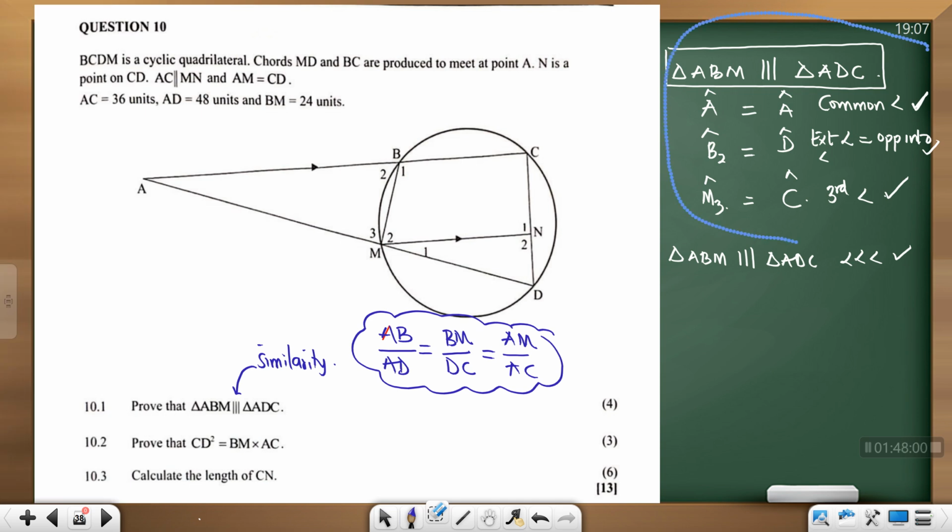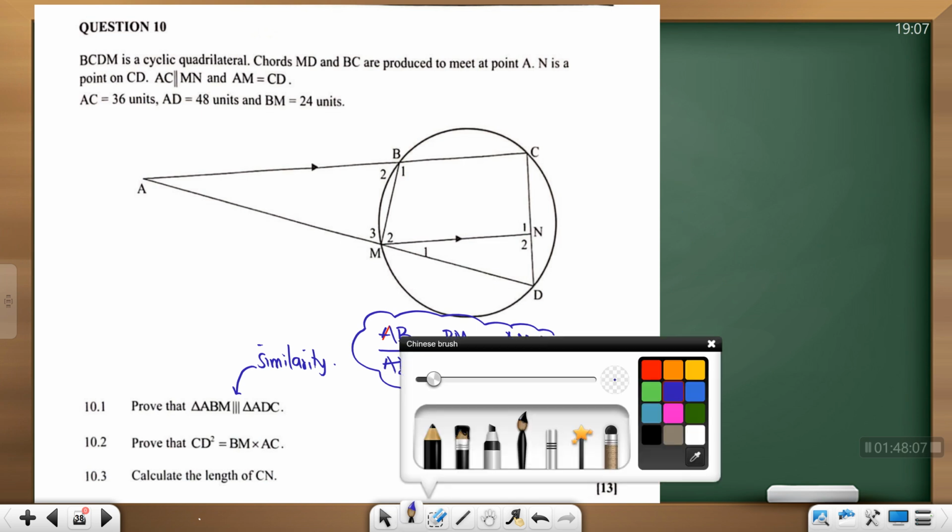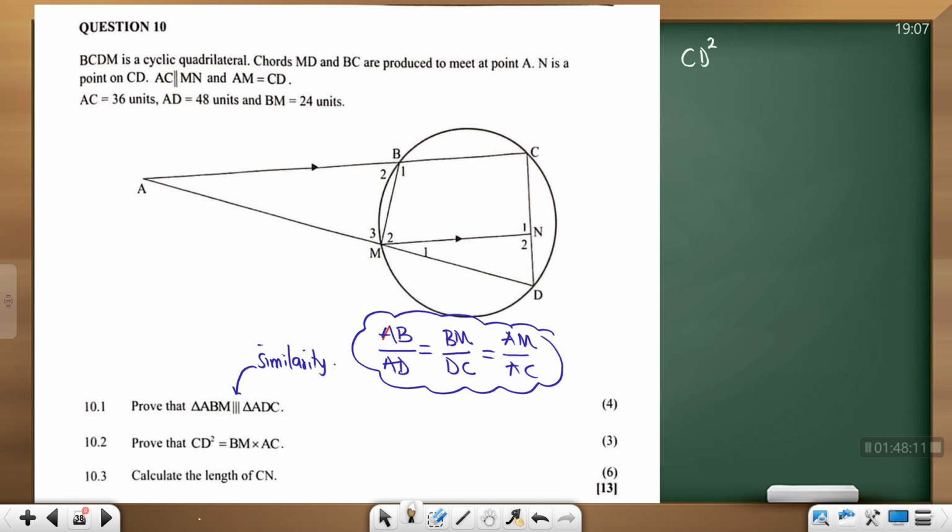CD by what? CD. So I want to work backwards. Or remember already I have my ratio there, right? Check. You see it already? Okay, I don't even know where we're going, but it always just works for me. CD squared is equal to what? BM. So if I cross multiply, it is CD, check, CD.